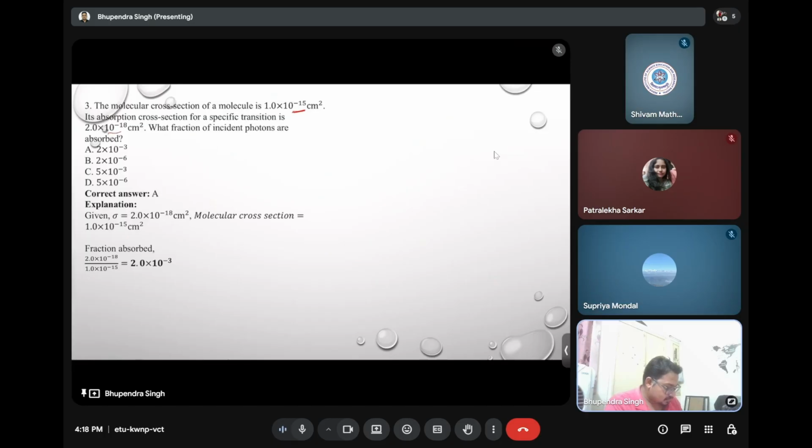Let's say the molecule is this big molecule, so the cross section of this is this, but the specific transition is this absorption cross section. Let's say only this part of the molecule is absorbing, only this part. So this is your absorption cross section.